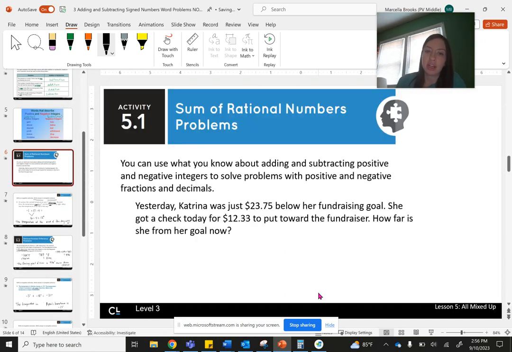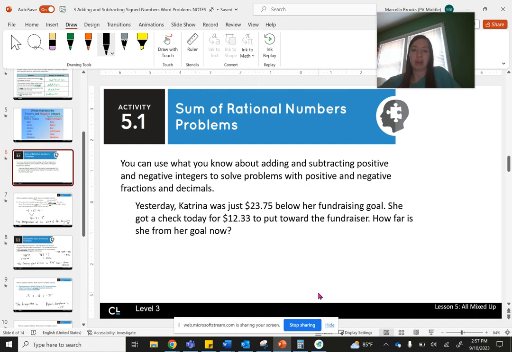So yesterday, Katrina was just 23.75 below her fundraising goal. So she's below her fundraising goal. What sign should we put in front of that 23.75? She got a check today for $12.33 to put towards the fundraiser. How far is she from her goal now?